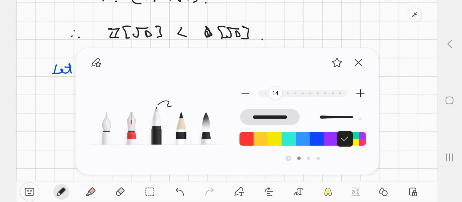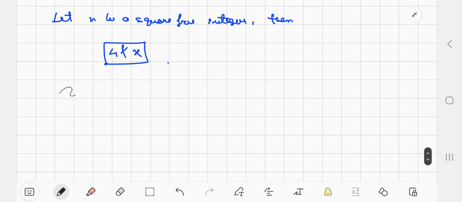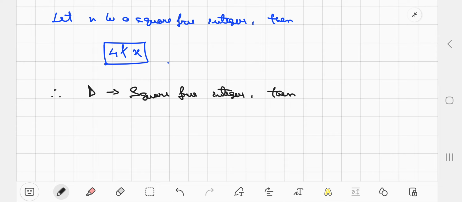Therefore if D is a square free integer, what should be the remainders of D when we divide it by 4? It can be 1, 2 or 3, it cannot be 0, right?